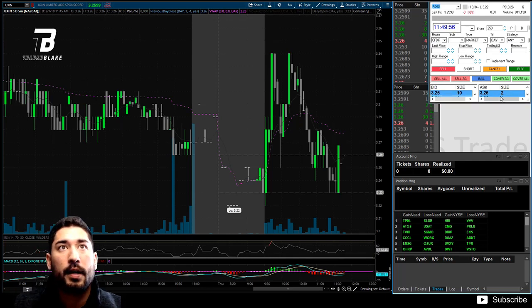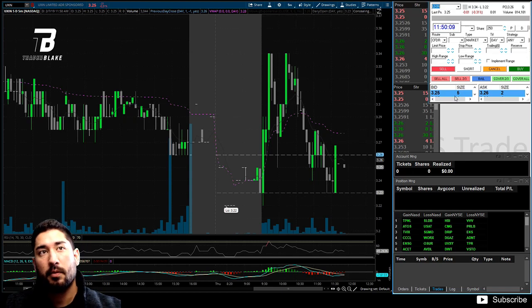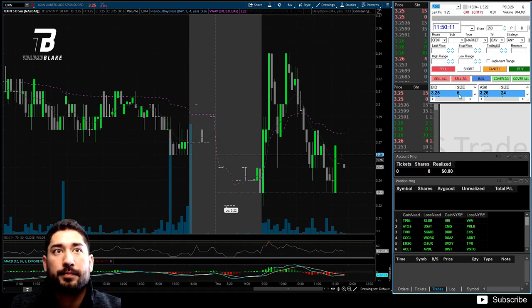Your basic level 1 data gives you a bid price, an ask price, and then the quantity at which there are bidders and sellers. This size right here is the amount of bidders willing to buy the stock.